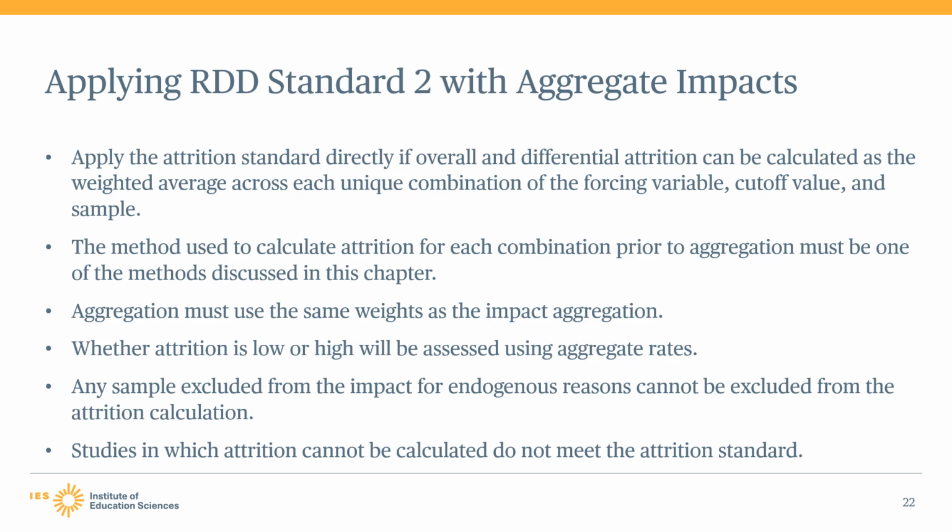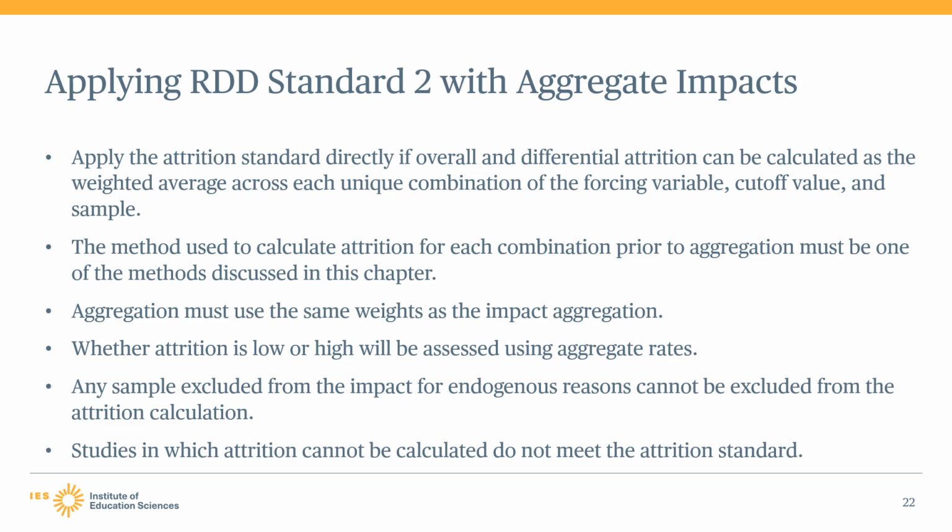In the case of an aggregate impact, RDD standard 2A and 2B can be applied to the overall and differential attrition rates calculated as weighted averages of the attrition rates calculated for each unique combination of values that contribute to the aggregate impact. Authors must calculate overall and differential attrition for each of those unique combinations in a way that is consistent with the RDD standard 2, and the weights used in aggregation must be the same weights used to calculate the weighted impact being reviewed by the WWC.